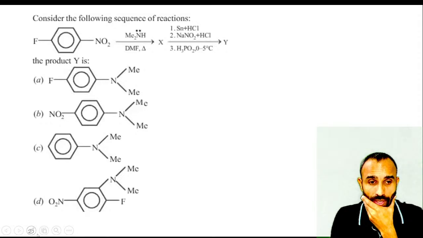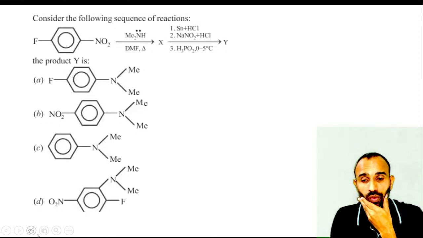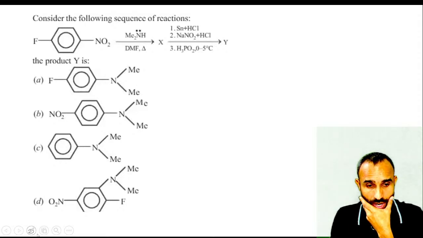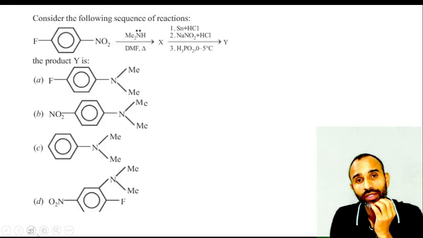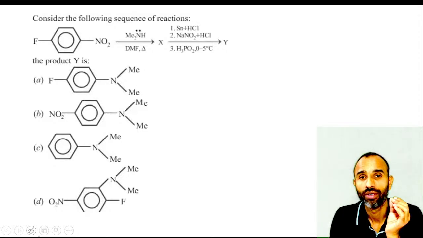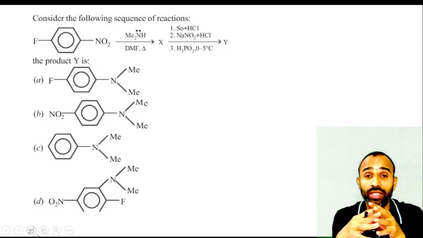You know, nitro and fluoro, which one deactivates more? Yes, it deactivates from ortho and para, so attack takes place at meta, but that is for an electrophile.